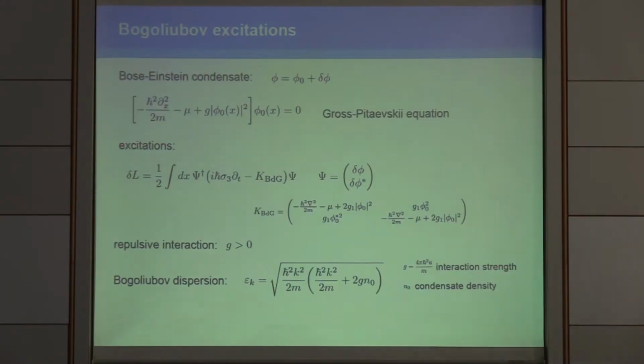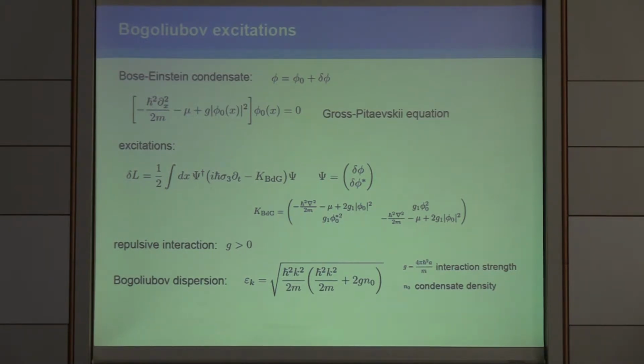And typically the way this is described is by expanding the field operators in our Lagrangian to leading order, which describes the condensate wave function, which solves this Gross-Pitaevskii equation. This is a nonlinear Schrödinger equation which contains its own density as a potential term. So for a positive repulsive interaction strength, this potential term will seek to expel atoms from regions of high density.